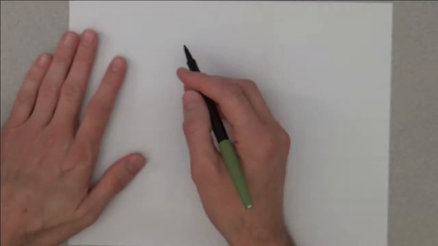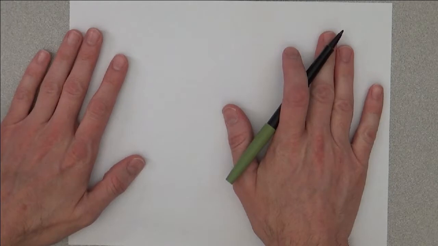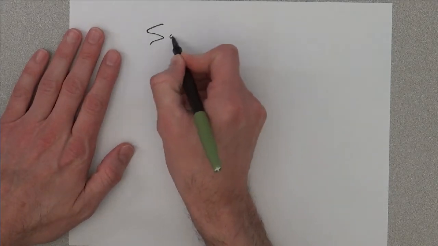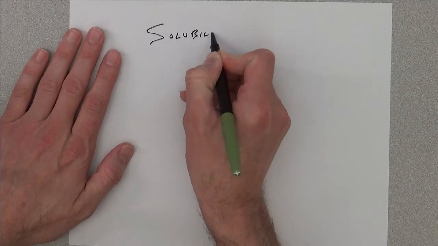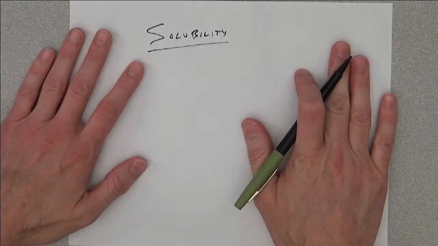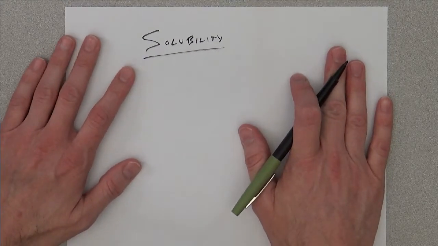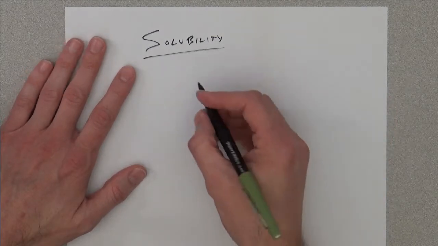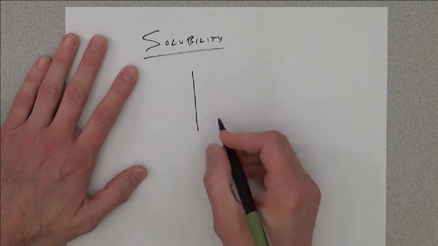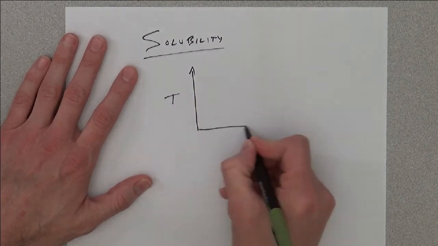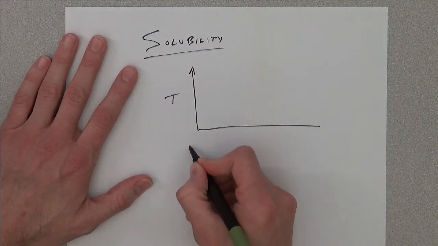One thing that we can talk about when we think about phases is we can think about phases in terms of solubility. And kind of one of the examples that we use when we're talking to students is we talk about the idea of having, say, temperature on one axis and having this be water.